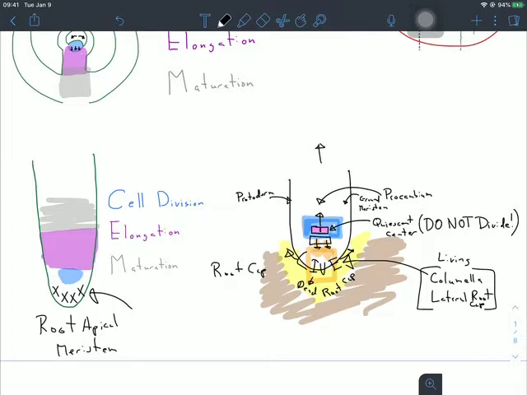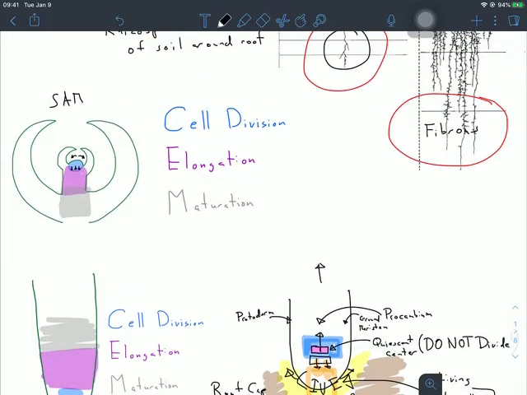in transverse section. But there are a couple of new layers of tissue that are going to mature in your region of maturation. Things are not quite exactly the same as with our shoot. And think back to it. Our shoot is just supposed to perform photosynthesis. The root is not going to be performing photosynthesis, so it's not going to need leaf primordia.